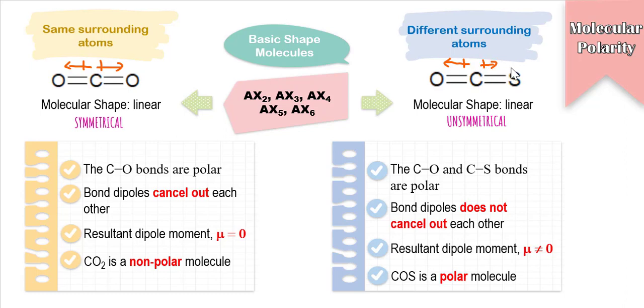But the difference in electronegativity between oxygen and carbon is bigger than between carbon and sulfur. So the bond dipoles do not cancel out each other, and we have a resultant dipole moment which is not equal to zero. It goes to oxygen. So carbonyl sulfide is a polar molecule.